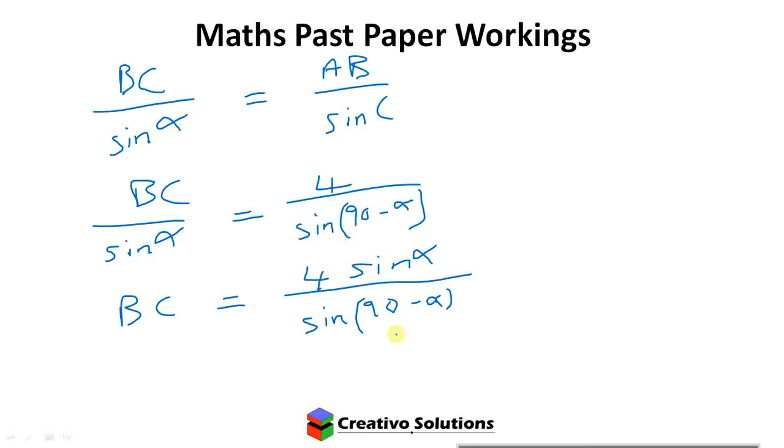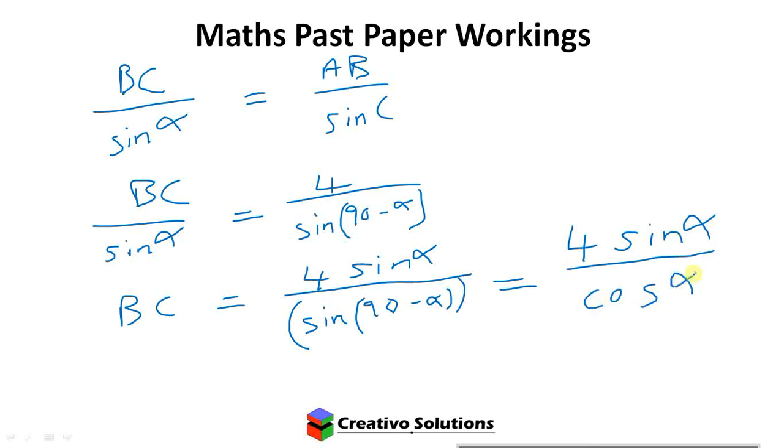Remember these rules of the co-functions. Have a look. Sine 90 minus theta is cos theta. So this would be the same as 4 sine alpha over cos alpha. That's identities. I've converted this into that based on the rules that we need to study.